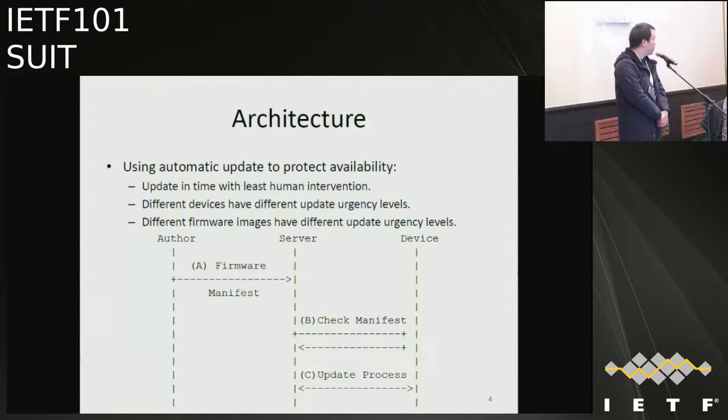Next slide, please. In order to strengthen the automatic feature to update the devices in time, I propose this architecture, in which the server gets the firmware images and manifests from the author, and then the server can check the manifest to see which device is the target device and the updating urgency levels, and then the device and server do an update process.